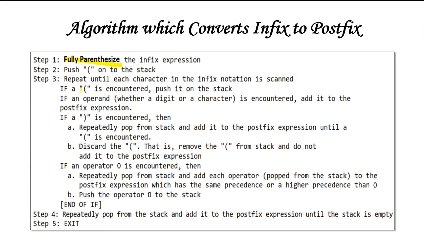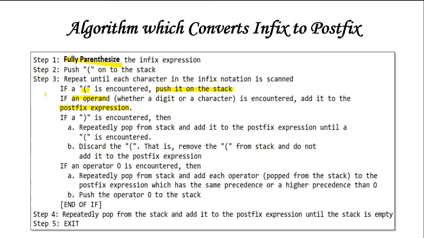If you get an opening bracket, then directly push it onto the stack. If you get an operand, then you need to add it to the resultant postfix expression. So you need to have 3 columns over here. One is the characters which you are going to scan, in the second column you can see the stack, and in the third column you can see the resultant postfix expression.